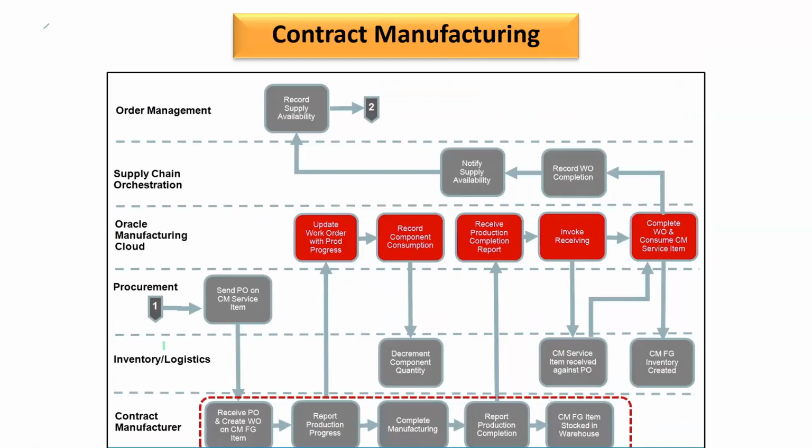I will give my supplier the requirement: I need a 2 terabyte hard disk, an i5 or i7 processor, and a 14 inch screen. Like that, I give my requirement for a laptop. My supplier will do the contract manufacturing, and they will manufacture and hand it over to me.